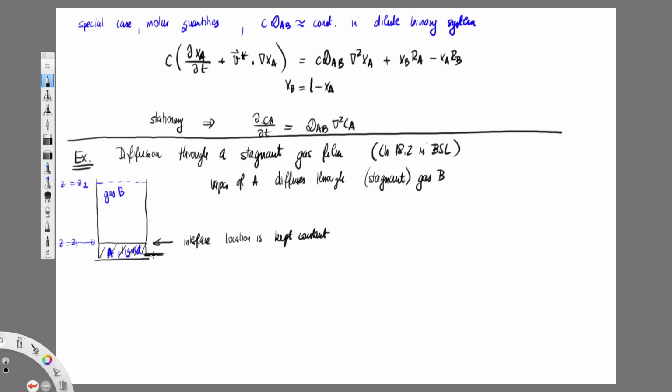And my XA is XA1. I just know what it is. It's essentially the concentration of A corresponding to equilibrium between vapor and the liquid.